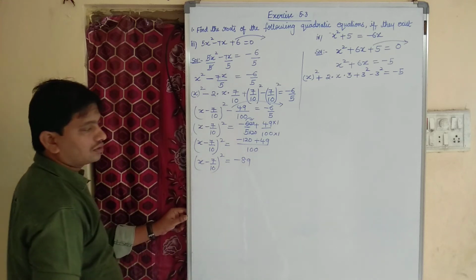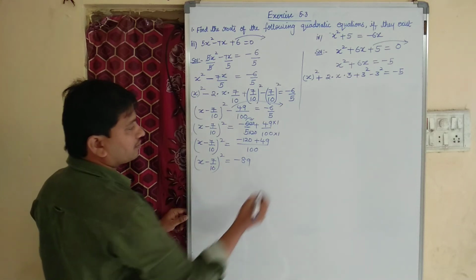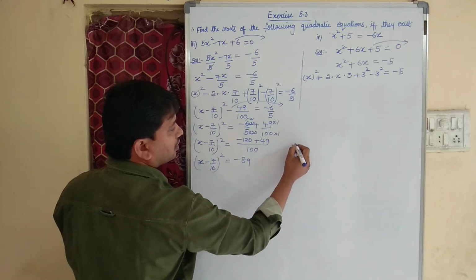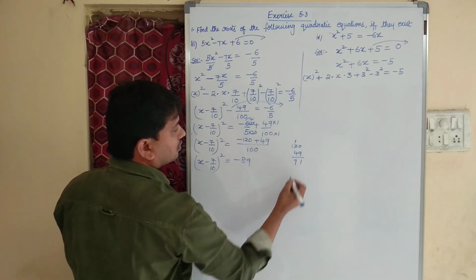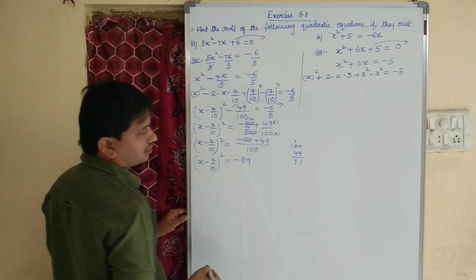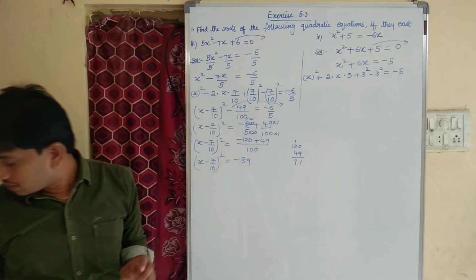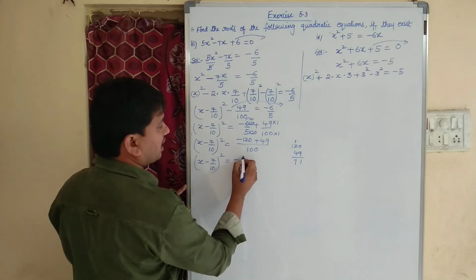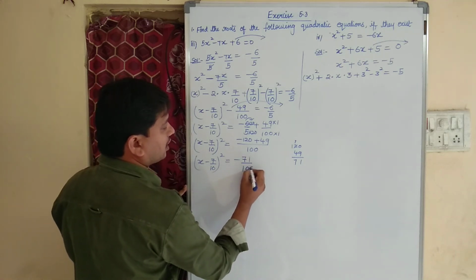That is equal to minus 89, right? 120 minus 49. 10 minus 9, 1. 11 minus 4, 7. So sorry children, which is 71. Which is minus 71 by 100.